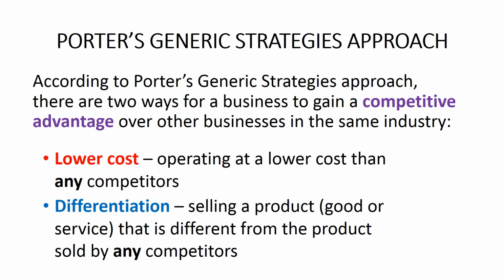Under this strategy, for a business to gain a competitive advantage over its competitors, it must be selling a product that is different from the product that any of its competitors are selling. Put another way, that product must be unique, so that the only source of supply of that product is the business. Customers can't go anywhere else to get that product.